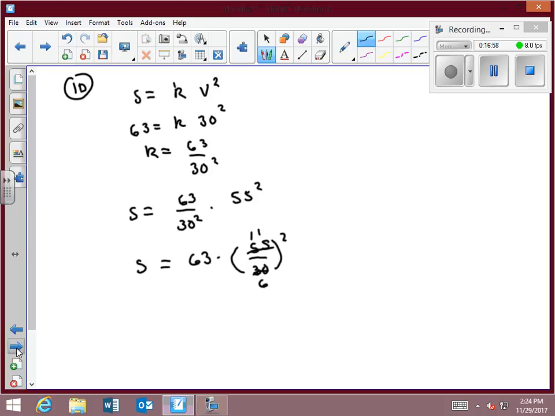So 63 times the quantity 11 divided by 6 squared. I guess I'd put 11 over 6, push enter, then square it, and push 63. However you want to do it, just make sure that you bracket that 11 over 6. Make sure you bracket it.